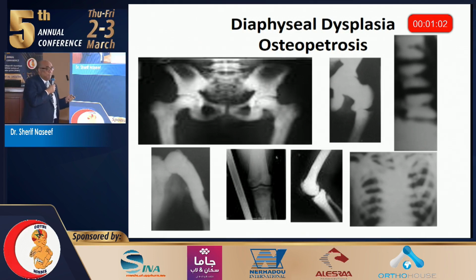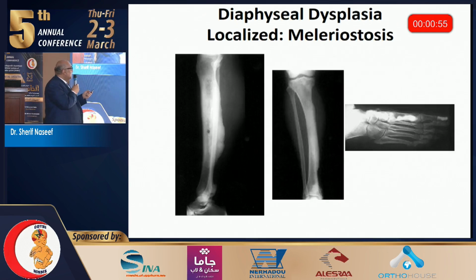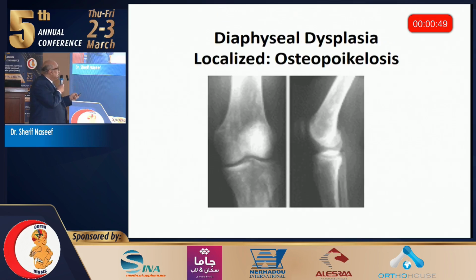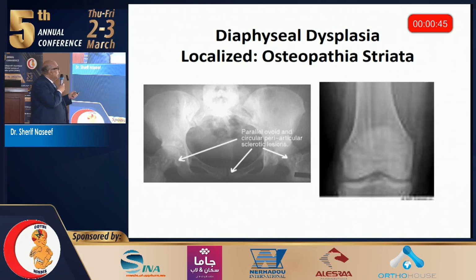But you should suspect that there will be anemia due to the encroachment of the medullary canal and hepatosplenomegaly due to extramedullary hematopoiesis. Localized forms are either melorheostosis on one side, or osteopoikilosis, dots, or striation, what's called osteopathia striata.